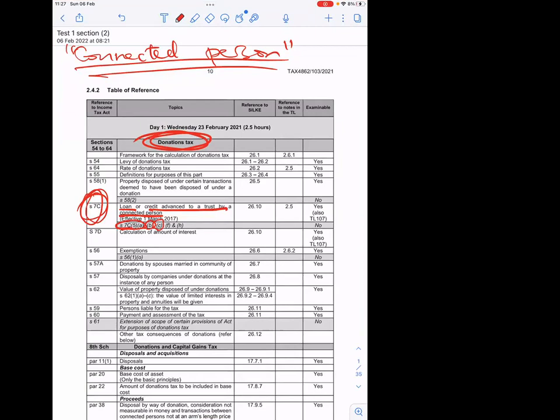That trust or a company used the loan, advance, or credit wholly or partly for the purposes of funding the acquisition of an asset, and the person referred to in subsection 1A, the one who donates, or the spouse of that person used that asset as primary residence, as contemplated in paragraph B of the definition of primary residence in paragraph 44 of the 8th schedule throughout the period during that year of assessment, during which that trust or company held an asset, and the amount owed relates to the part of the loan, advance, or credit that funded the acquisition of that asset.